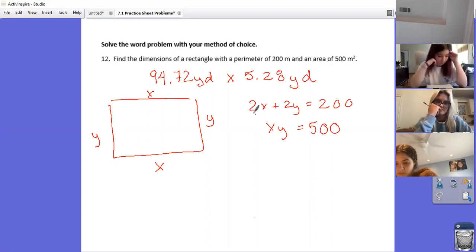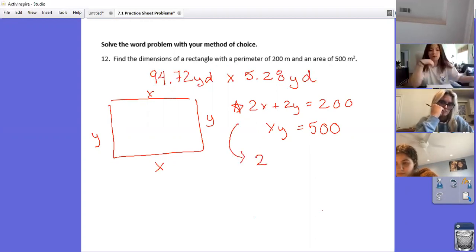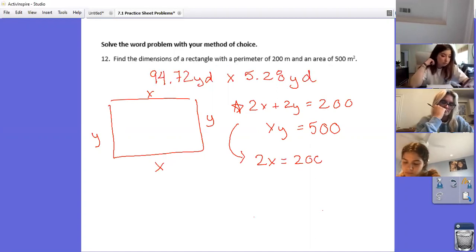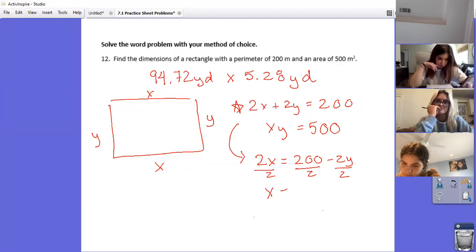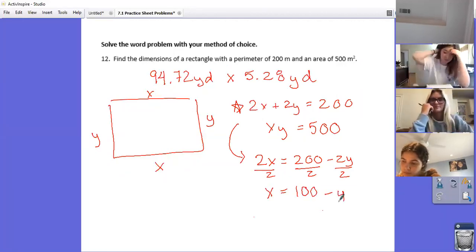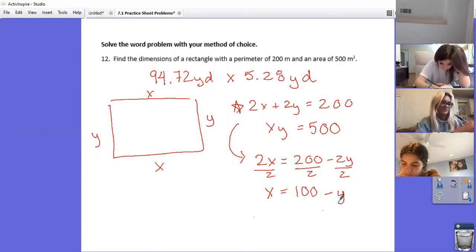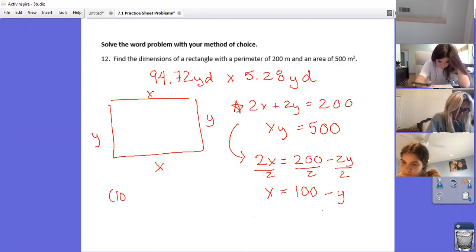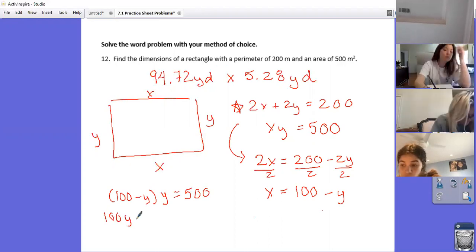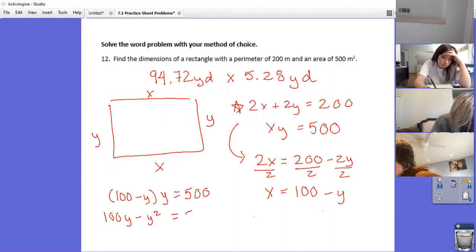And then what I did is I'm going to use substitution. I can't really use elimination because this is not linear. So I'm going to solve the top equation for x. I get 2x equals 200 minus 2y. So x equals 100 minus y. And then I'm going to substitute that in for the second equation. 100 minus y times y equals 500. 100y minus y squared equals 500.